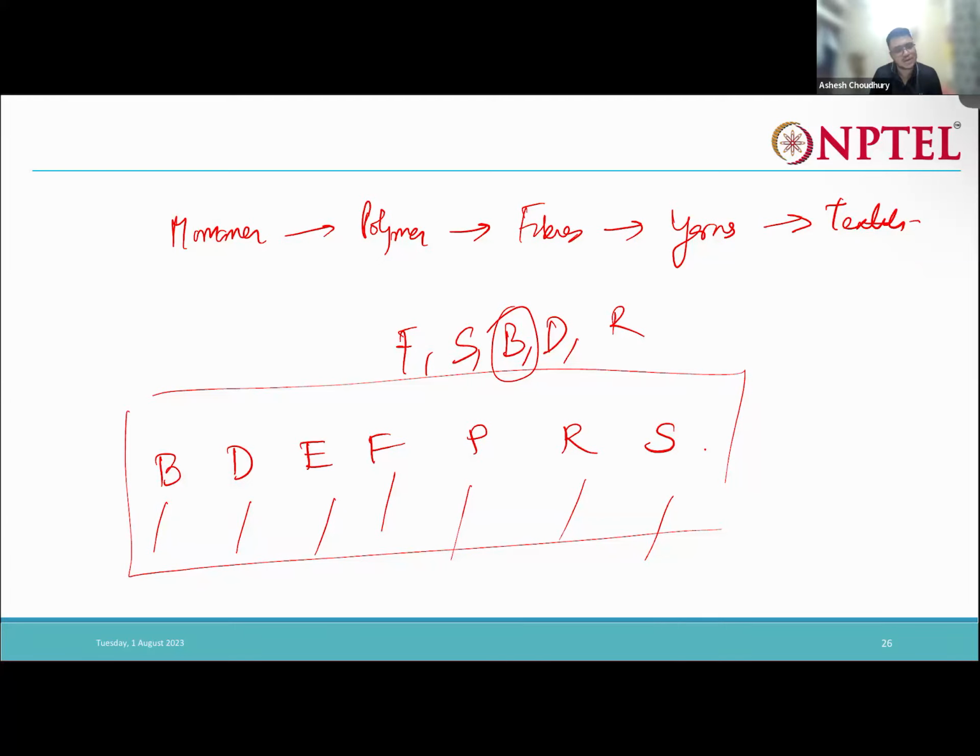All geosynthetic materials cannot be used for all functions. A geotextile cannot be used as a barrier material; you need to use a geomembrane for that. As we progress through the course, this will get cleared up one by one, but these things should be clear from the beginning, then it will be easier for you.